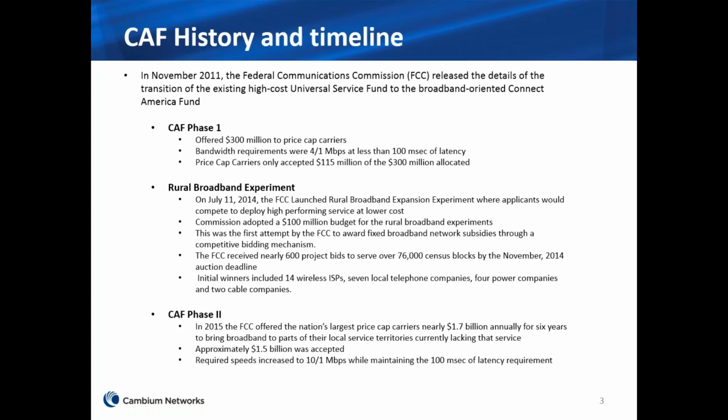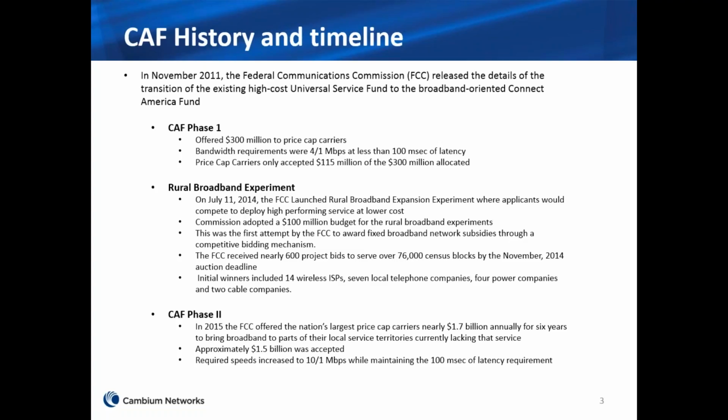In that particular offering, bandwidth requirements were 4 meg down, 1 meg up, and importantly here, at less than 100 milliseconds of latency, because the FCC views CAF as not only broadband, but ultimately being able to provide telephone service.